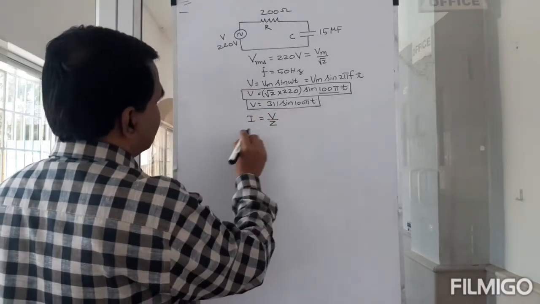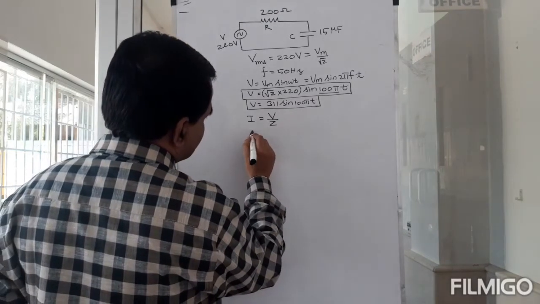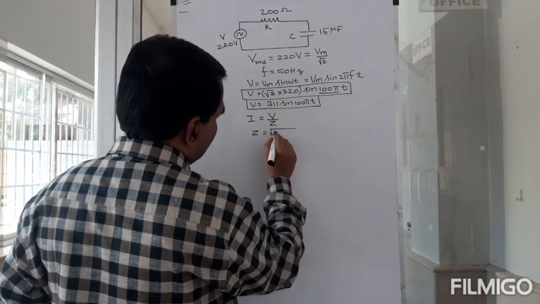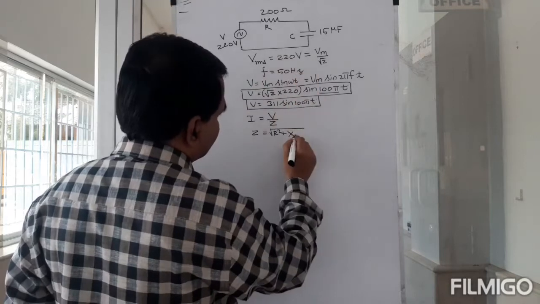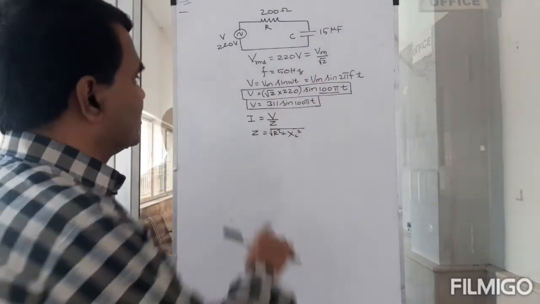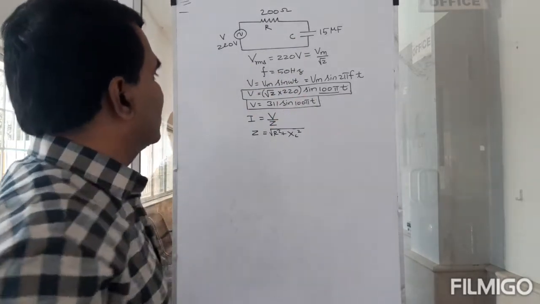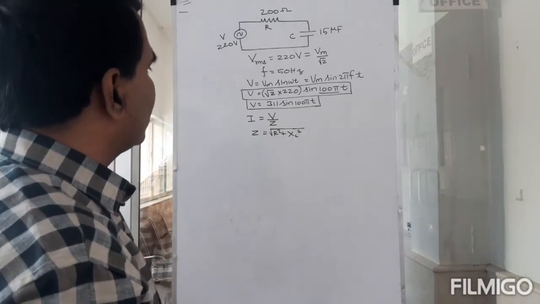I have to calculate the impedance Z, which is the square root of R squared plus XC squared. There is no XL, there is no inductor, so XL is 0.